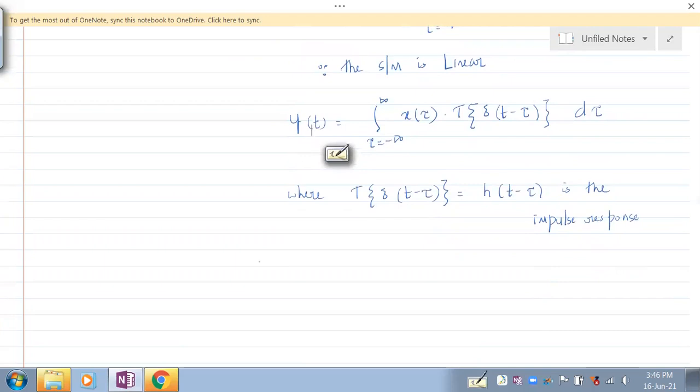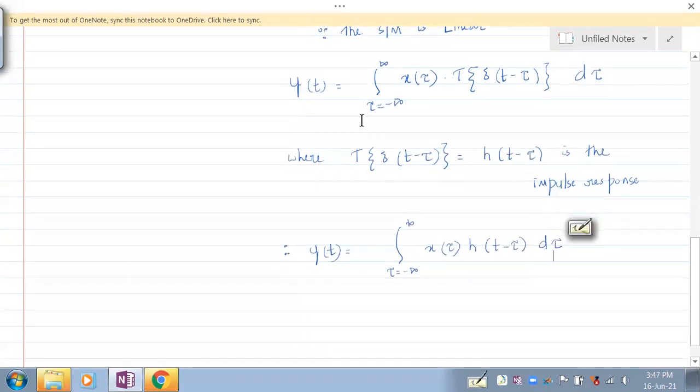Understand? So therefore, y of t can be given as the integration, tau ranging from minus infinity to infinity, x of tau h of t minus tau d tau. So this is what it is.